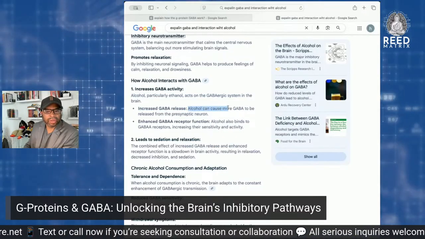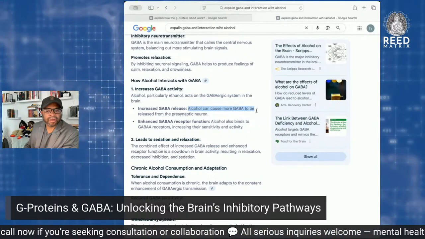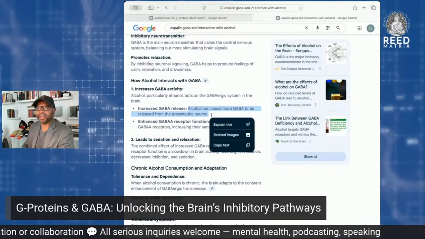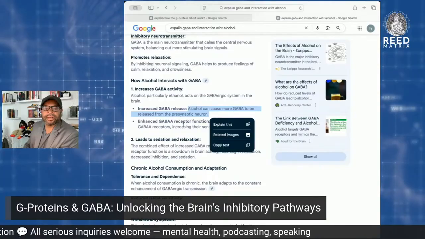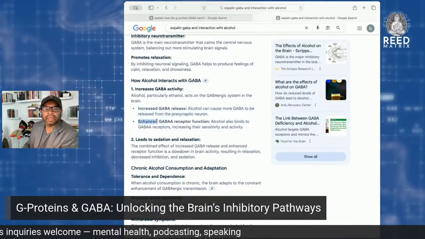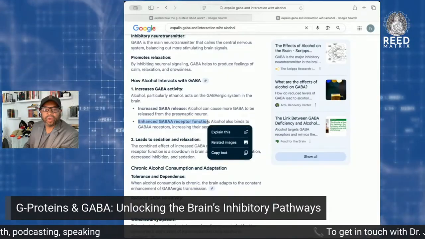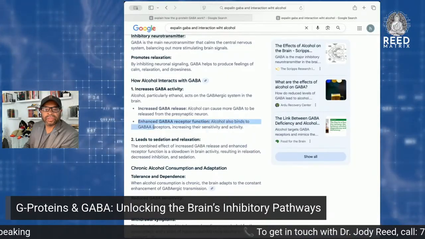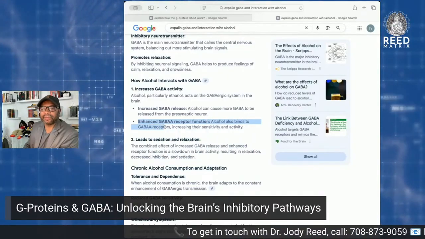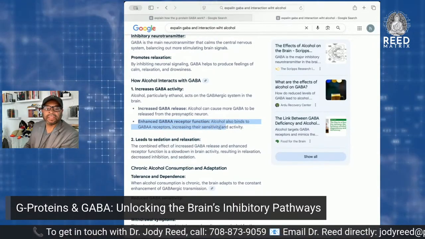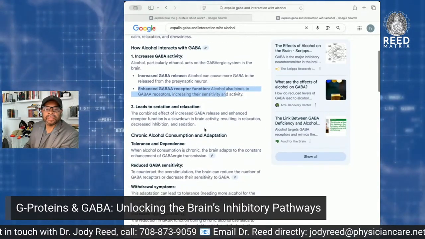Alcohol can cause more GABA to be released from the presynaptic neuron. I was wondering where the GABA came from. It's coming from the presynaptic neuron. Enhance GABA A receptor function. Alcohol also binds to the GABA A receptors. I think it's GABA B, increasing their sensitivity. Okay, let me see here.